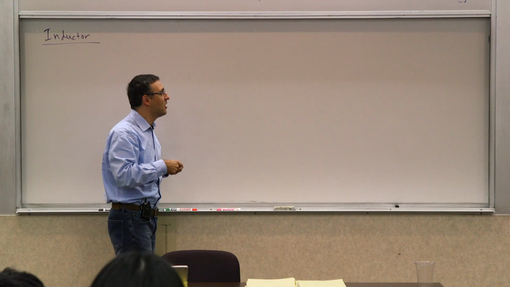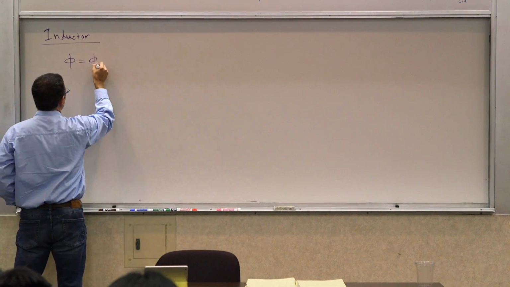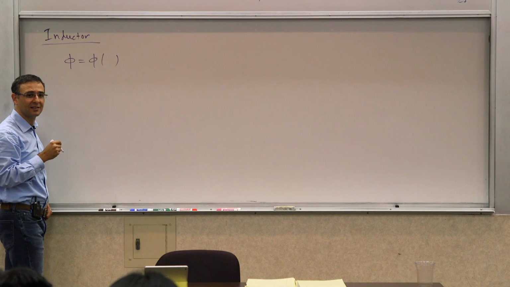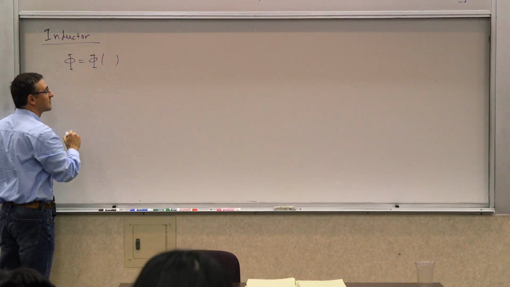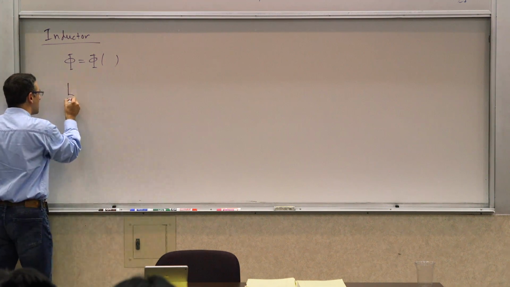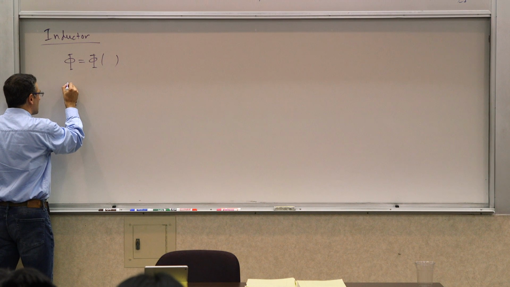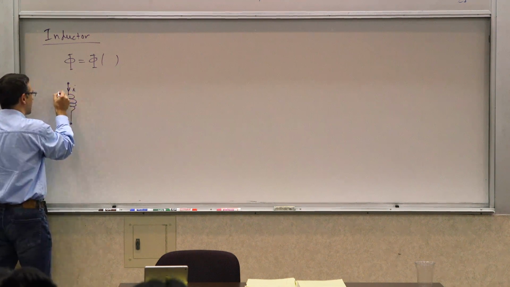Flux, right? So inductor is a component whose flux depends on something, is a function of something. What is that something? Is magnetic flux. What do you think that thing is? This is a two-terminal component, right? So it has to be a function of one of those two parameters, the circuit parameters.